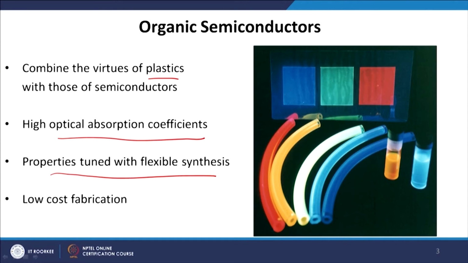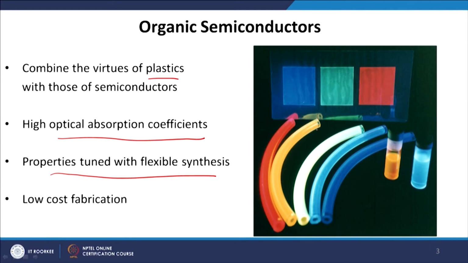These 3 films have been made on a flexible transparent substrate using the same kind of organic semiconductor, but by changing the synthetic protocol we can change the structure and the side groups, and that significantly changes the optical emission properties. That is why we see different colors here.